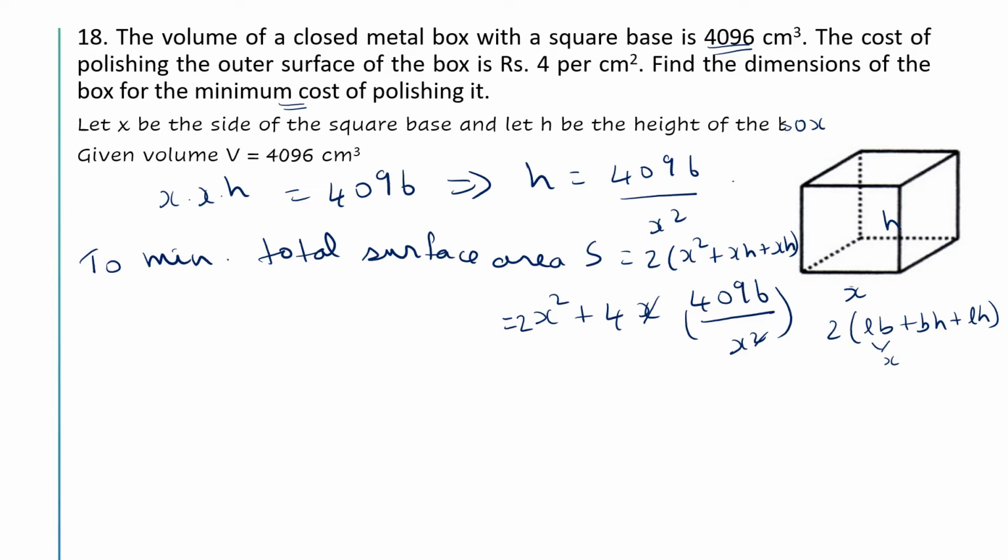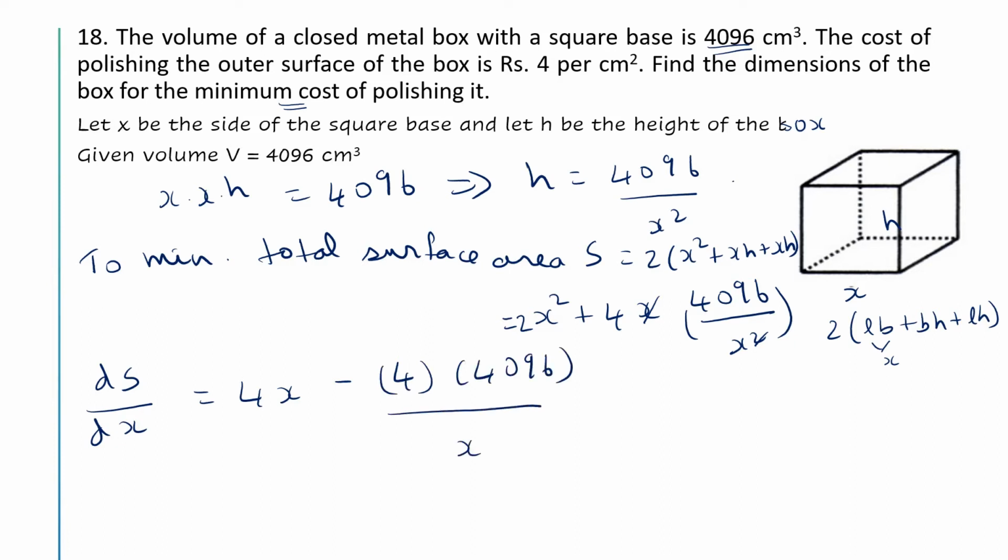Now to find the minimum surface area, we have to find the critical points. So first let us find dS by dx. dS by dx is 4x minus 4 into 4096 by x square.